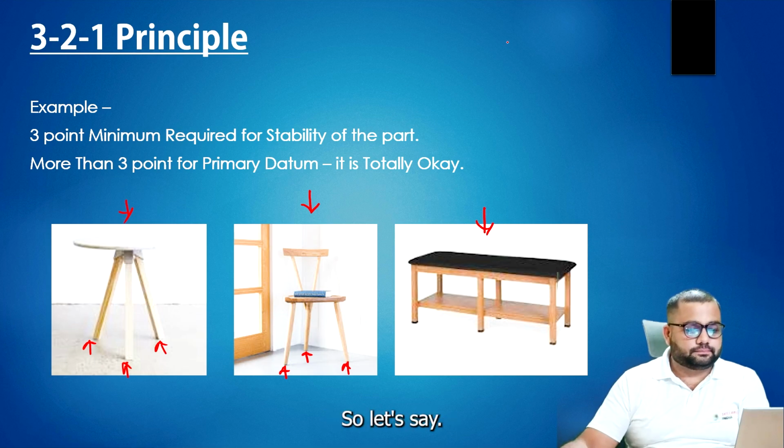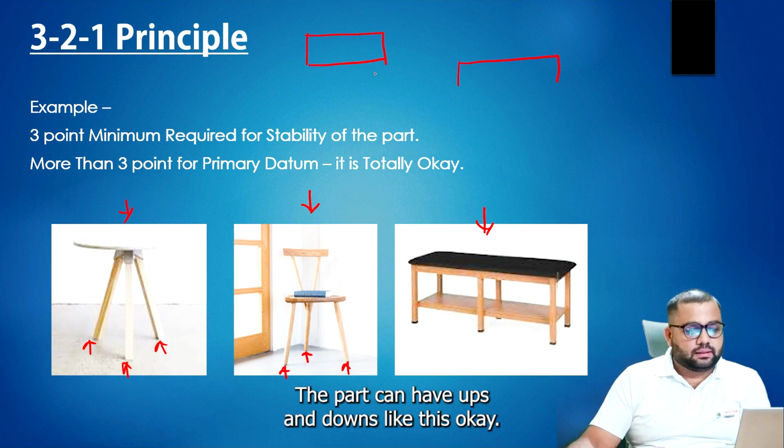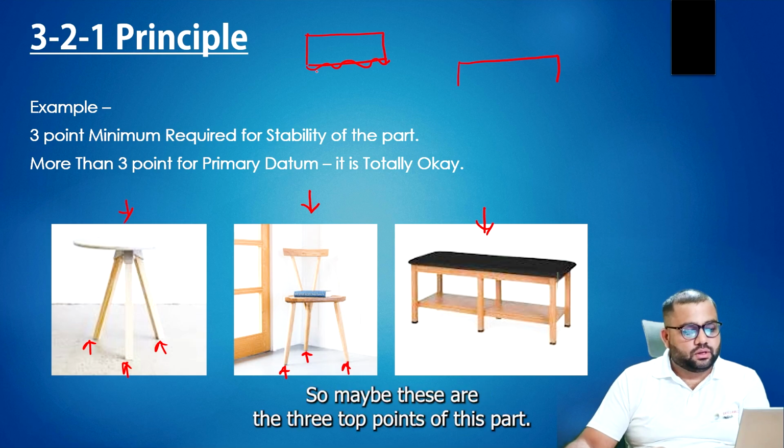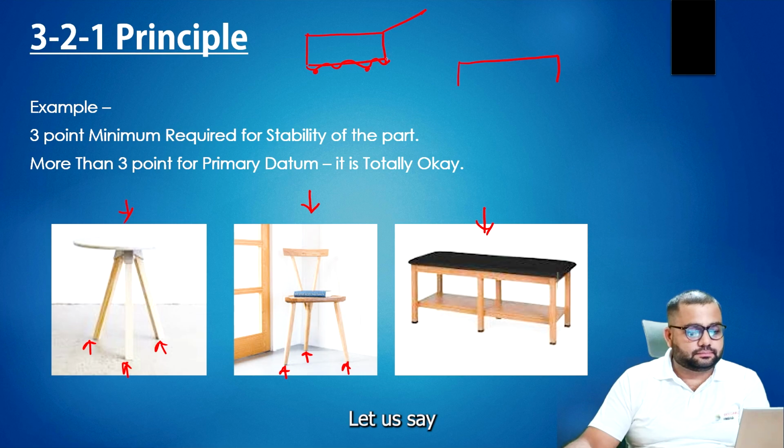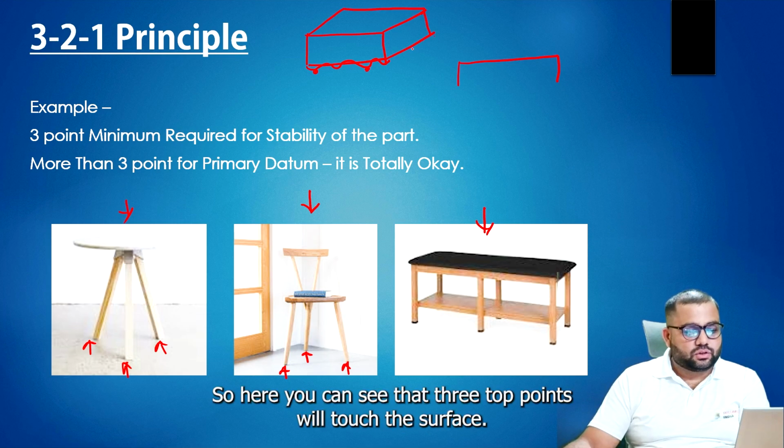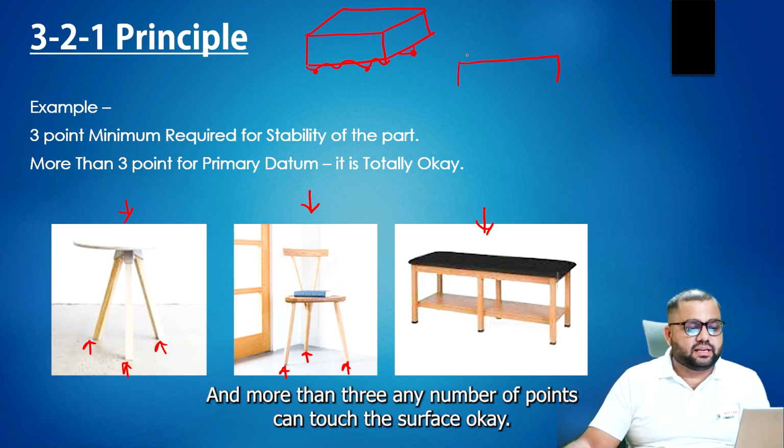So let's say this is a table and this is a part. The part can have ups and downs like this. So maybe these are the three top points of this part. Here you can see that three top points will touch the surface, and more than three, any number of points can touch the surface.